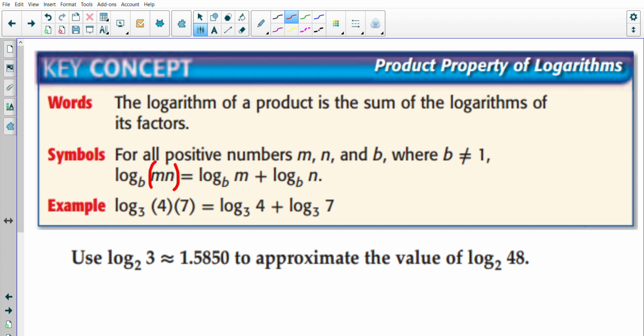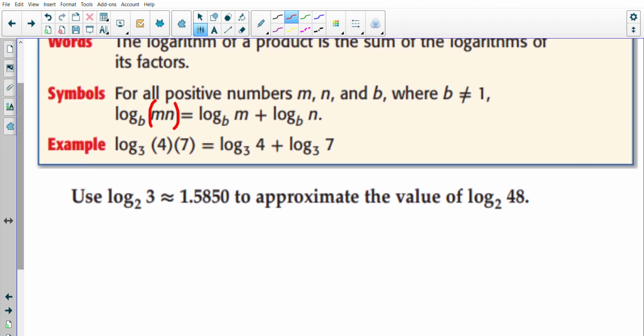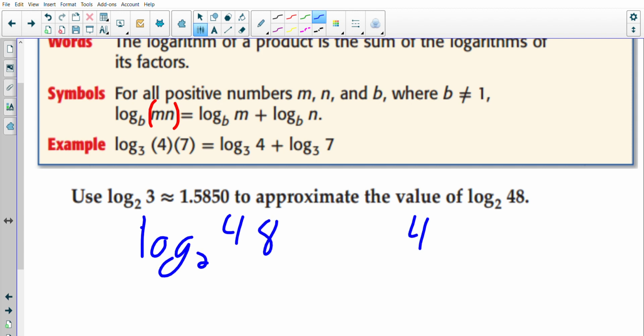So use log base 2 of 3 approximately equal to 1.5850 to approximate the value of log base 2 of 48. So what we can do is rewrite this as log base 2 of 48. Now 48, if we do some prime factorization, just becomes 2 to the 4th times 3.